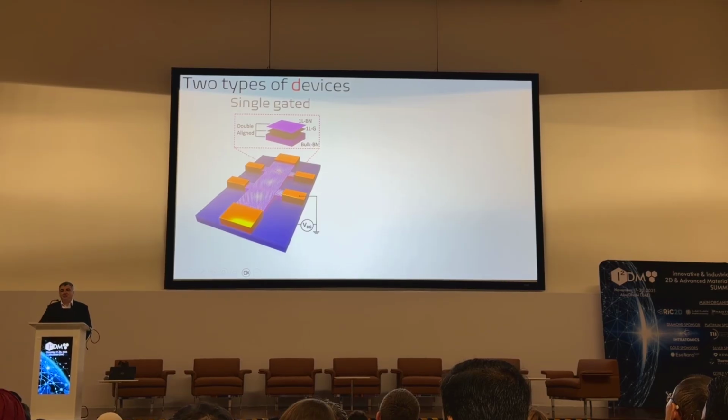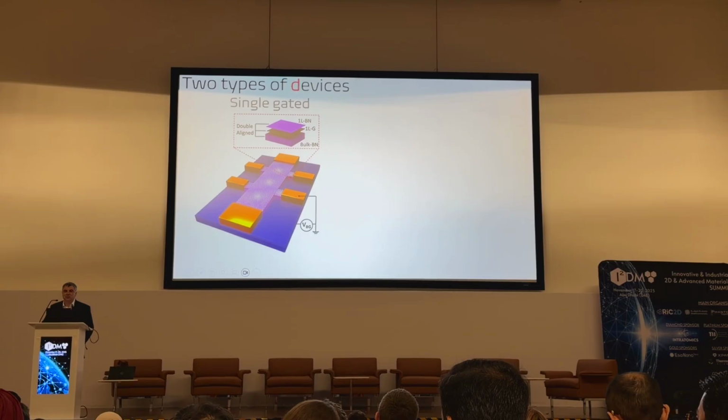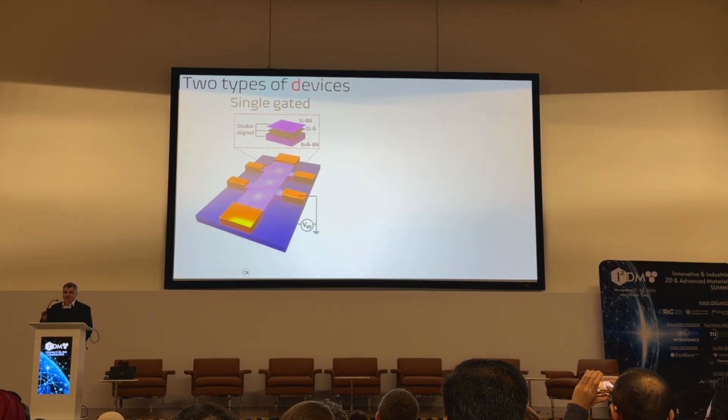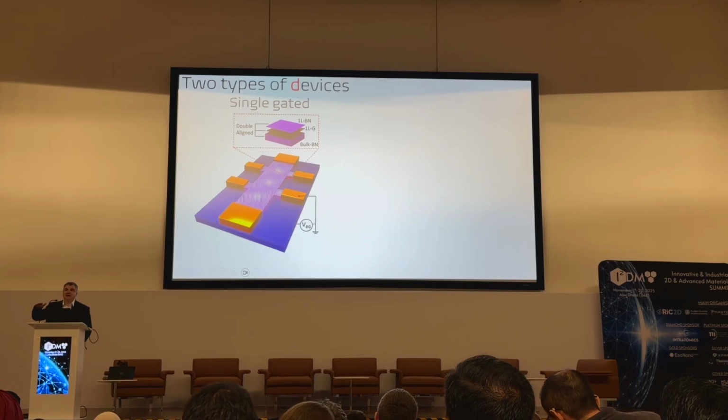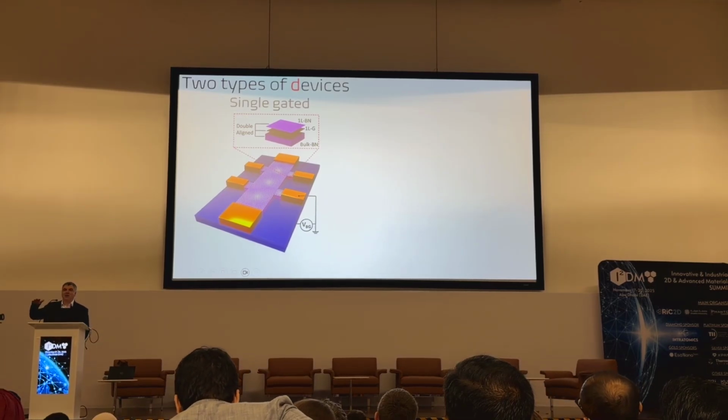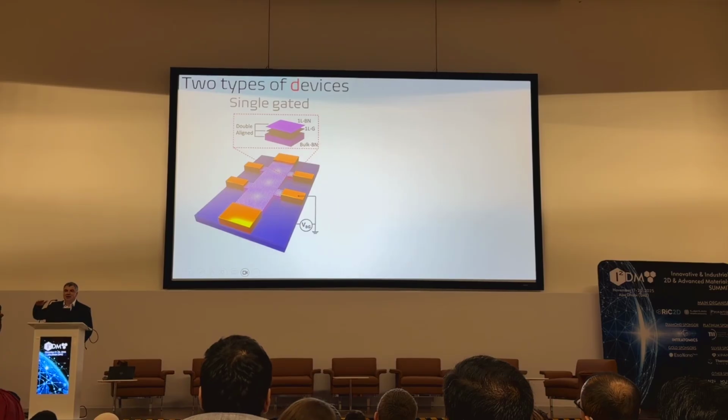It's just that different types of phenomena at different angles would be easier to demonstrate in one or another. So in both cases, it's graphene, which is doubly aligned to boron nitride from the bottom and from the top, and it is absolutely essential in our case that one of the boron nitrides is a monolayer.